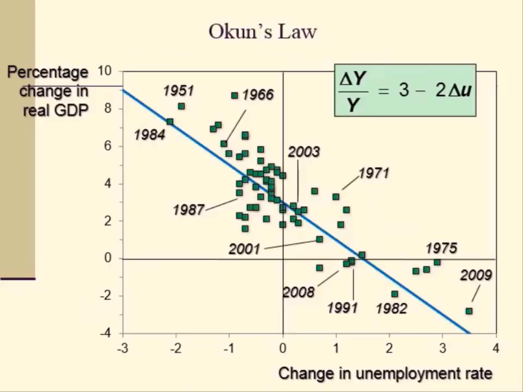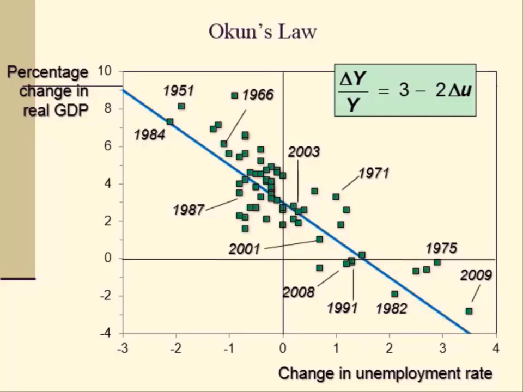The economist Arthur Okun suggested a rule of thumb, which has become known as Okun's law. And this is the plot of Okun's law. The vertical axis is the percent change in real GDP, and the horizontal axis is the change in the unemployment rate from the previous year. Each dot represents a year. If you look at the trend line of the dots, you see a definite negative trend.